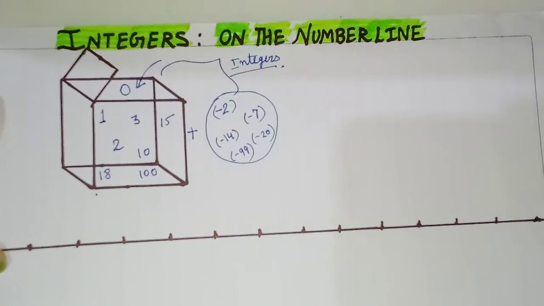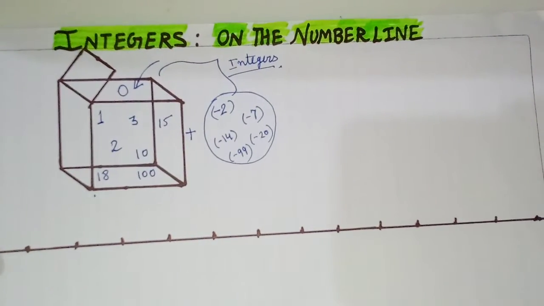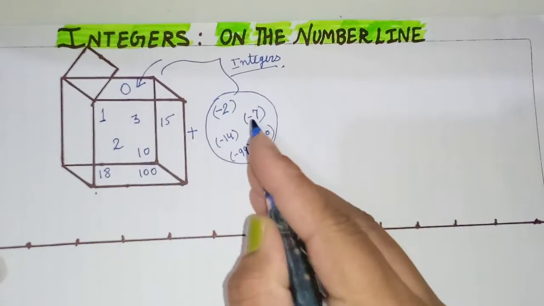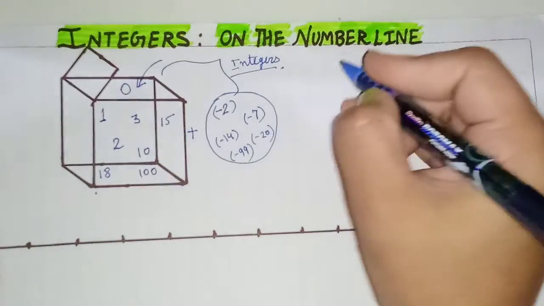That means integers is a group of whole numbers including negative numbers.